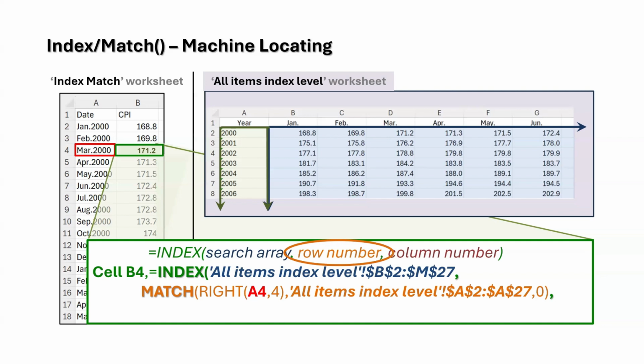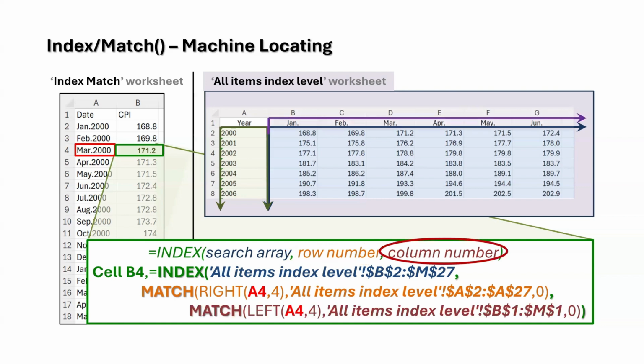That's what that first piece says. And after the comma, after the parentheses in the middle, is where to look for it. We're going to look for it in that other worksheet, All Items Index Level, in column A, A2 to A27. And that last character, the 0, is just a switch in this function that says we only want exact matches. So that took care of the row number.